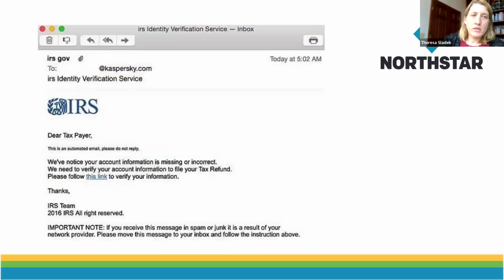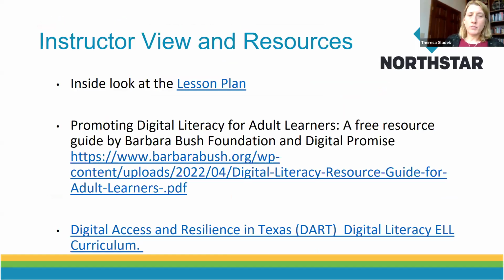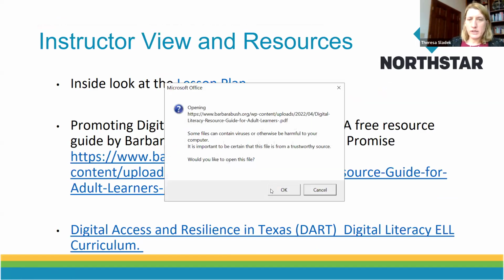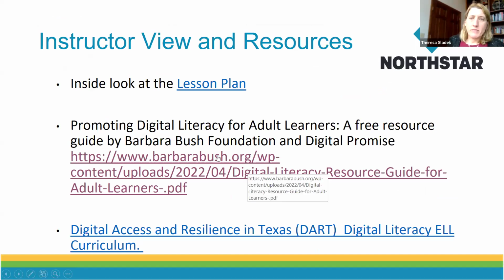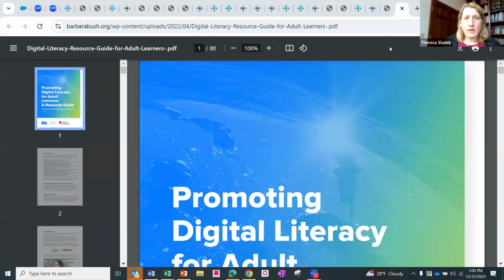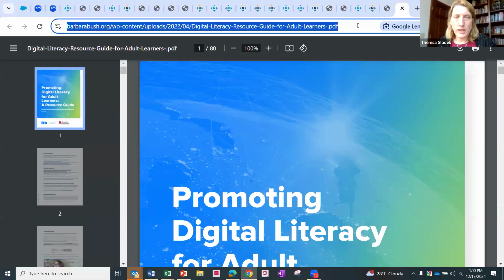The other thing I want to show you are some resources that are really helpful. The Barbara Bush Foundation and Digital Promise created this free guide on working with adults on digital literacy, and Northstar also contributed to it. I'll put this in the chat, but it's kind of lengthy, and it does have a lot of theory in it.